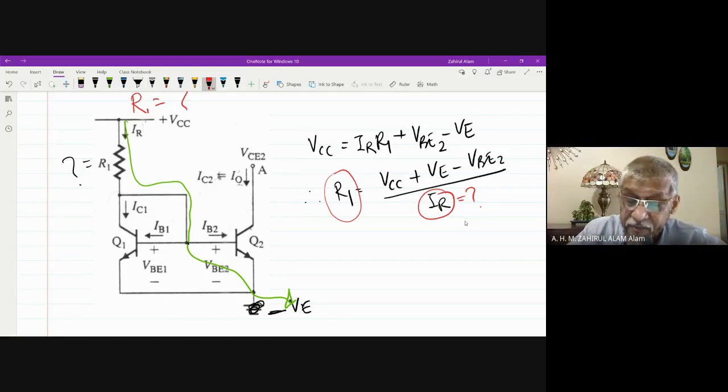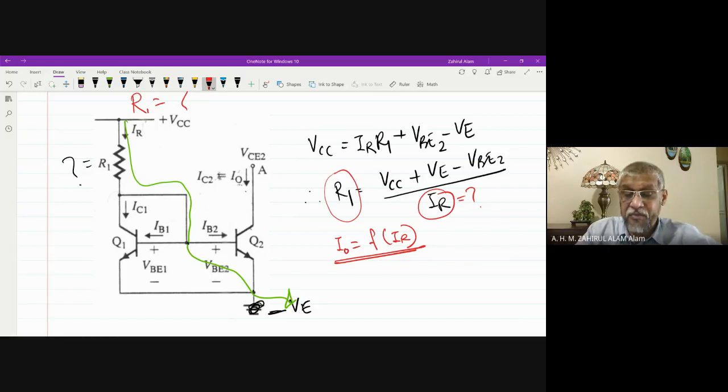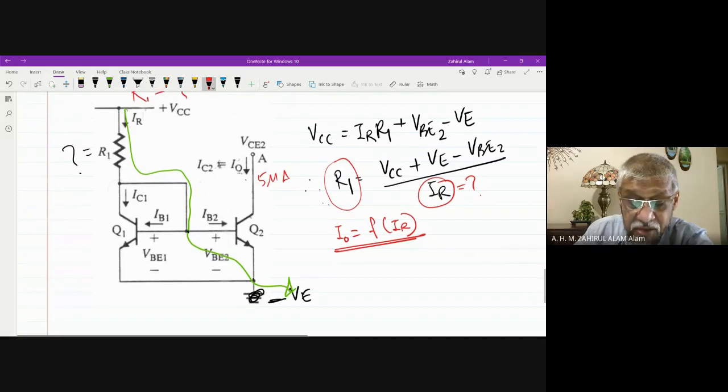There is the output current. This output current has some relation with IR. We know the output current is equal to 5 microampere. If we can manage to find this current relation, then we can find the value of R1.